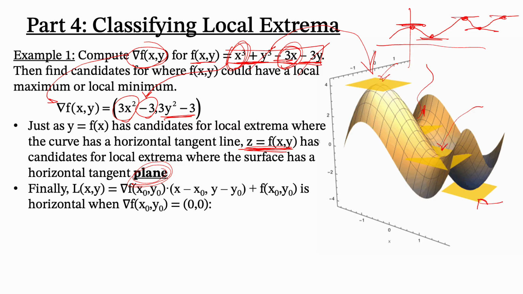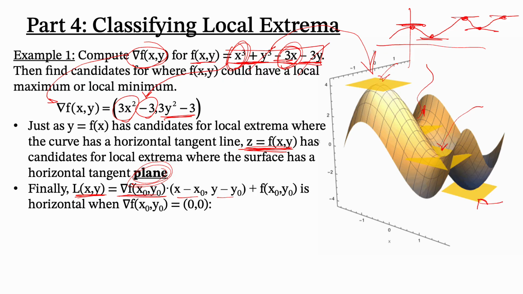The other thing to remember is that on the previous slide, I had rewritten my linearization equation as the gradient of f evaluated at our point of tangency x naught, y naught, dotted with x minus x naught comma y minus y naught, plus f of x naught, y naught. Anyway, the place where I have a horizontal tangent plane is precisely where the slope in the x direction is 0 and the slope in the y direction is 0.